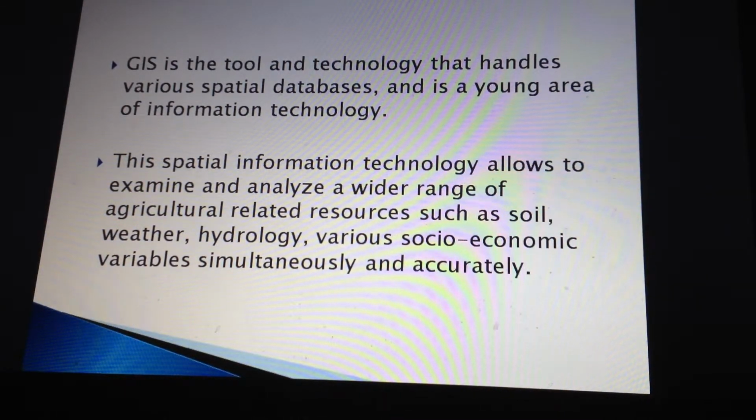This spatial information technology allows us to examine and analyze a wider range of agriculture-related resources such as soil, weather, hydrology, and various socio-economic variables simultaneously and accurately.